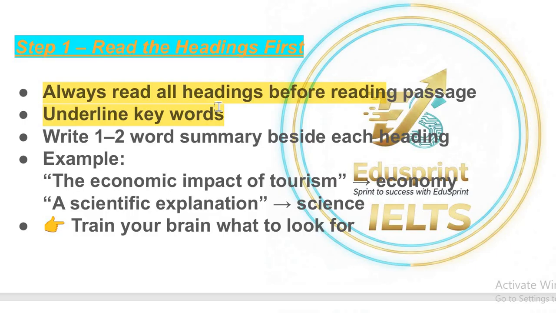For example, if a heading says economic impact of tourism, the keyword here is economy, so you have to mark it. This prepares your brain, and now you know what kind of ideas you are looking for inside the passage.